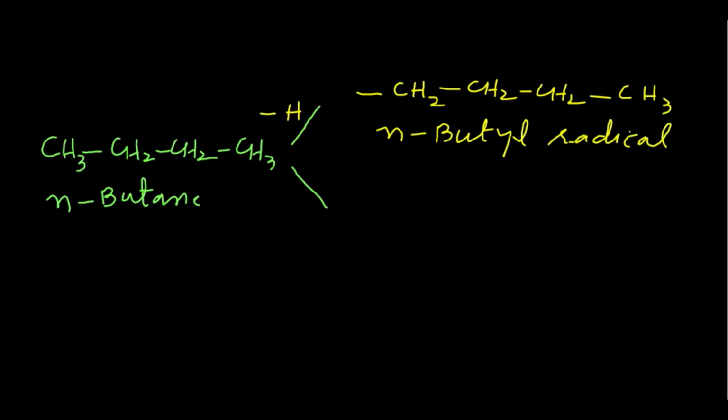Now the second type of butyl radical which is formed: if one hydrogen is removed from the second or third carbon, suppose we remove one hydrogen from the second carbon, then after the loss of one hydrogen from the second carbon, hydrogen is removed from the second carbon, CH2CH3.